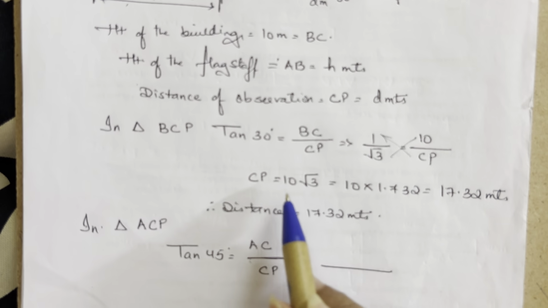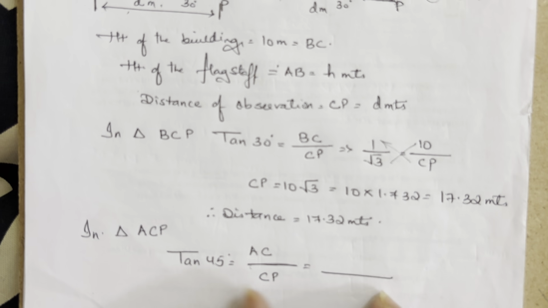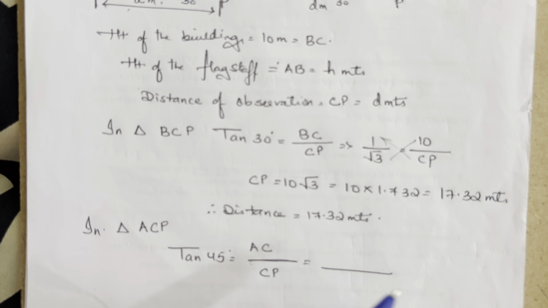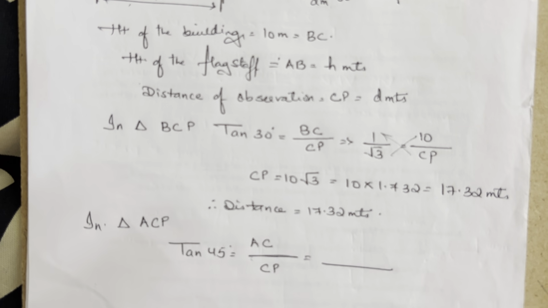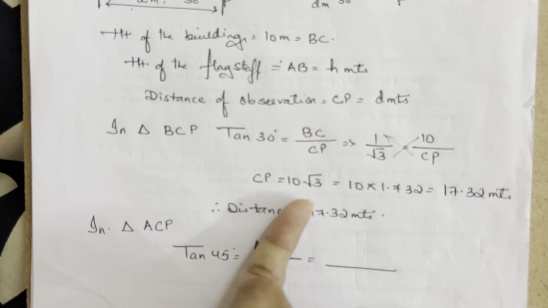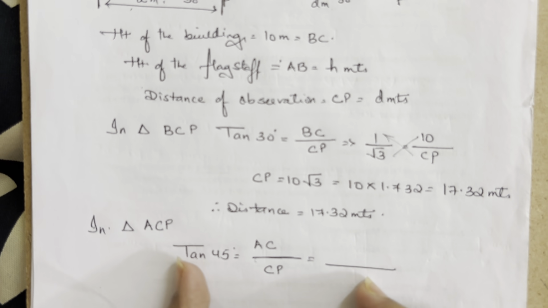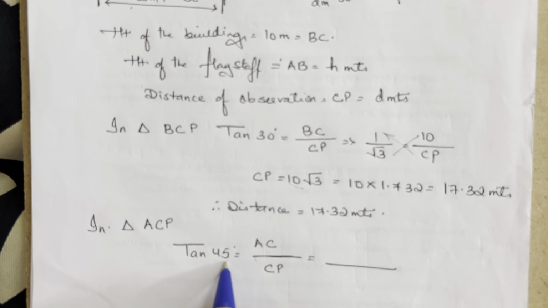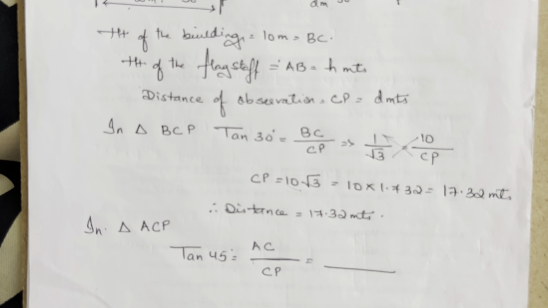I'm not going to take 17.32, because this will make my complications a little difficult. Here why I'm saying is, in examination questions you'll get cases where you can cancel the root 3 off. So depending upon the application, you can take either one. Here it is tan 45, I know tan 45 is 1. Complications will not be difficult.